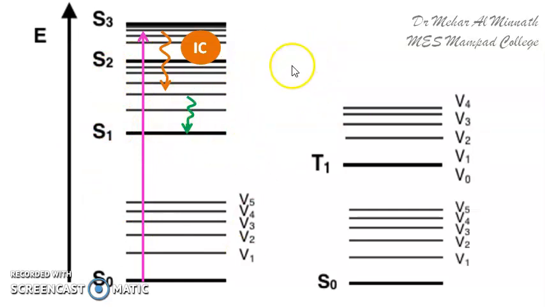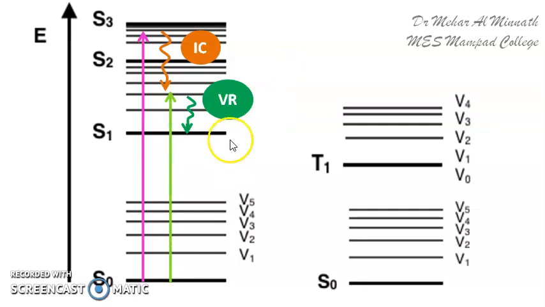Vibrational relaxation can also happen if the system moves on from the ground state to the higher vibrational level of the first excited state. All this internal conversion and vibrational relaxation happens within the same multiplicity. That is, the multiplicity of the system is not changed.